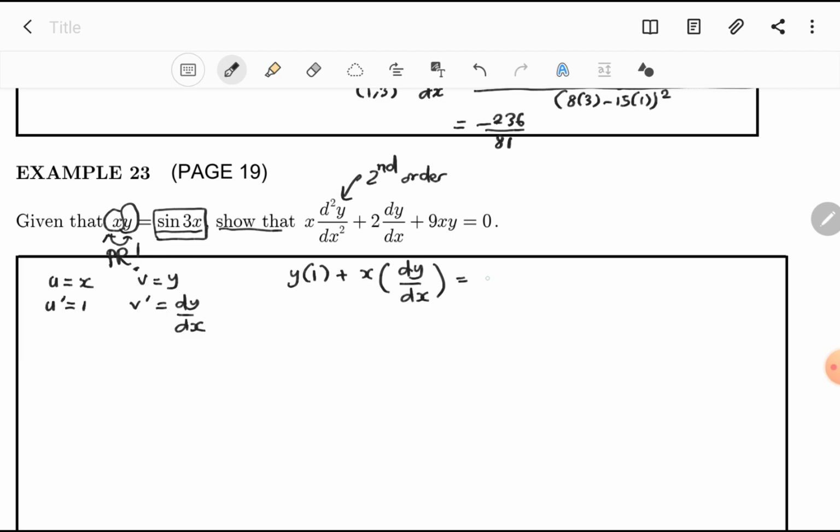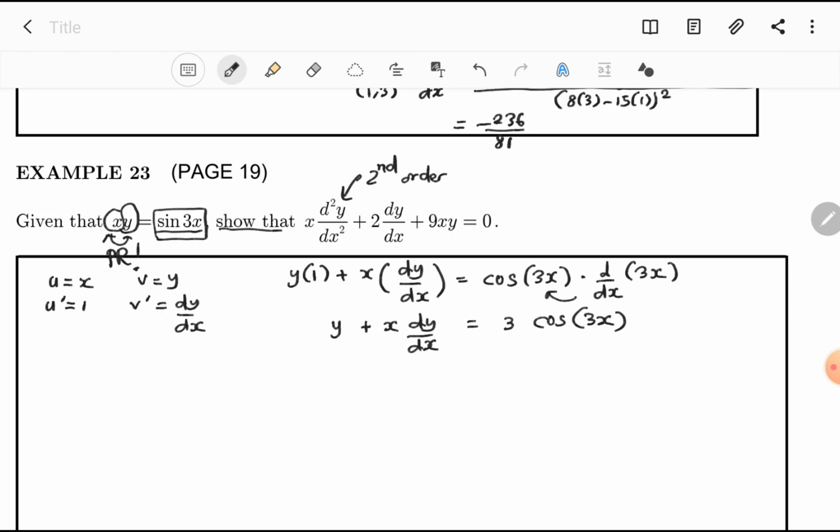Differentiate sine is cos, so cos, the angle remains 3x, and differentiate the angle 3x. So we have y plus x dy dx equals 3 cos 3x.